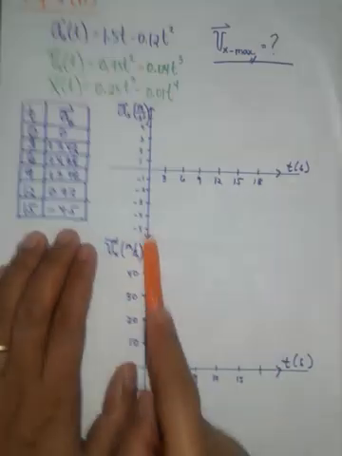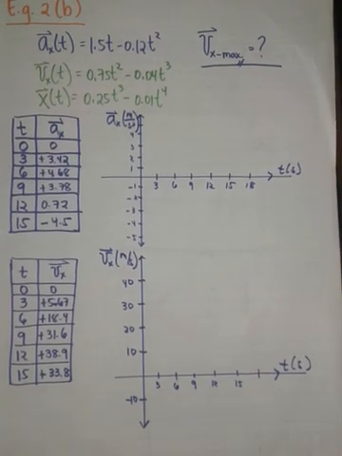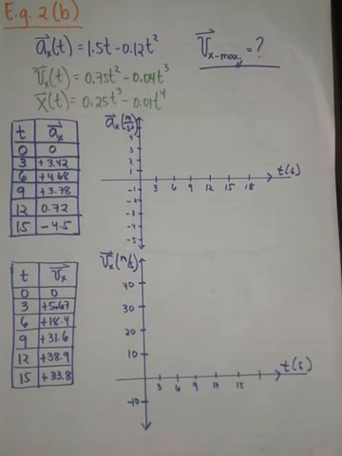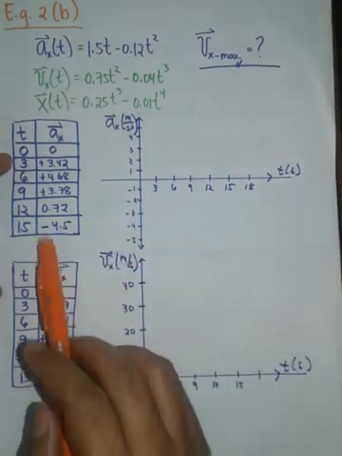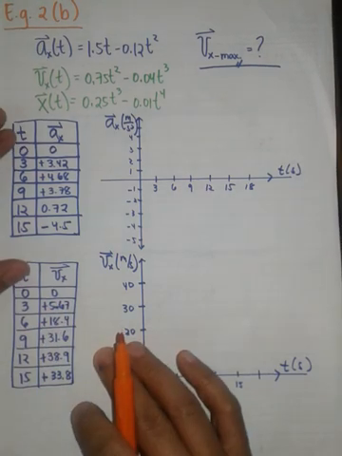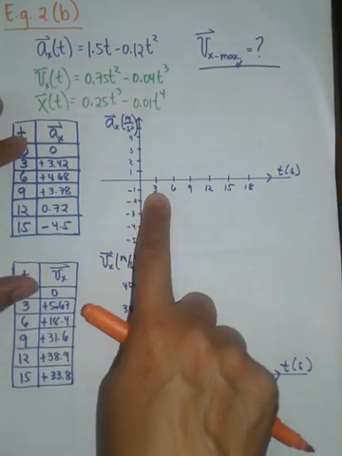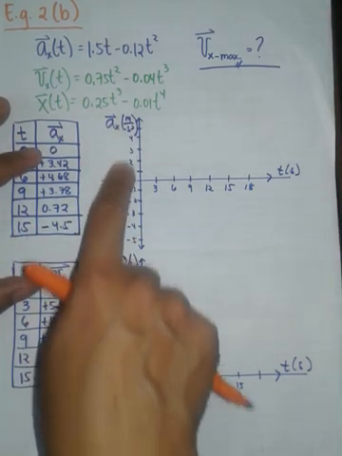Now, this is our acceleration-time graph. Sorry, let me just fix my camera. Okay. So for acceleration versus time, these would be the points. Let's plot the points here. My time interval is by threes, but my acceleration interval is by ones.